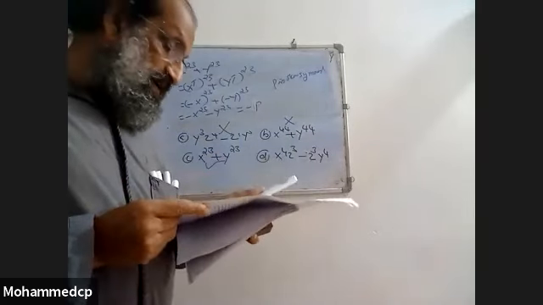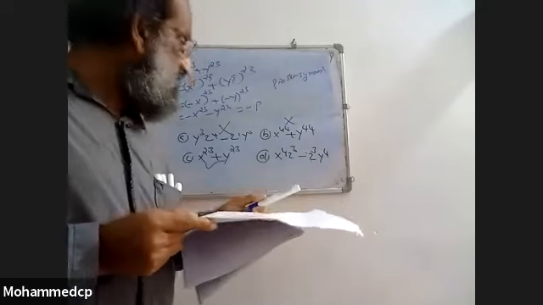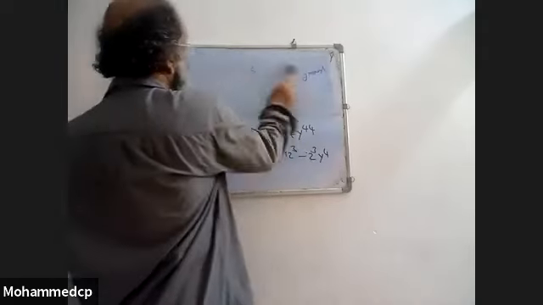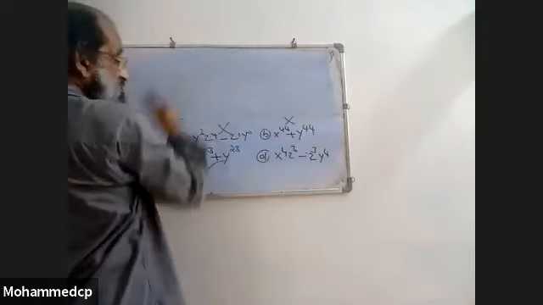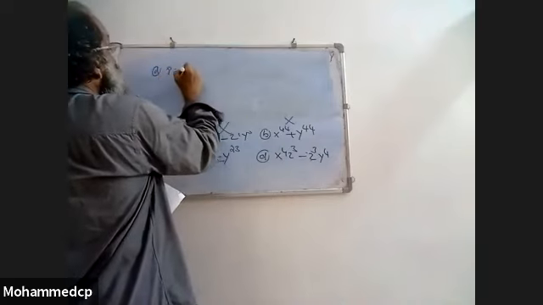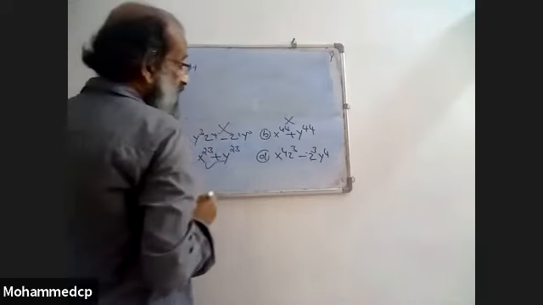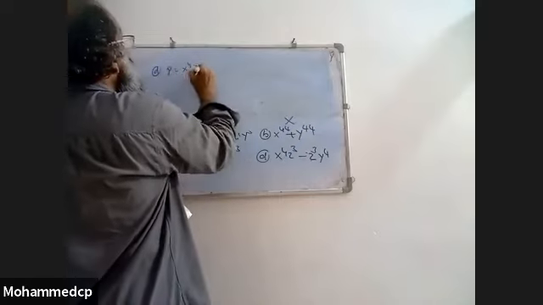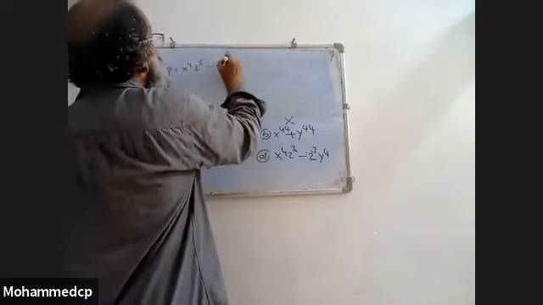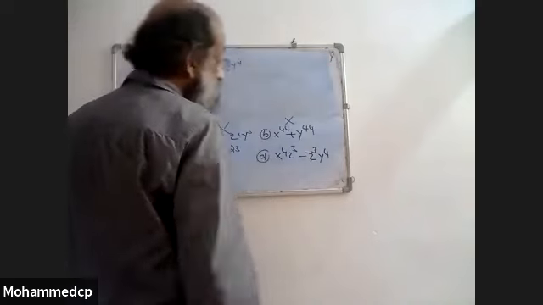Now, the last option is X raised to 4 Z cube minus Z cube Y raised to 4. In option D, P is X raised to 4 Z cube minus Z cube Y raised to 4.